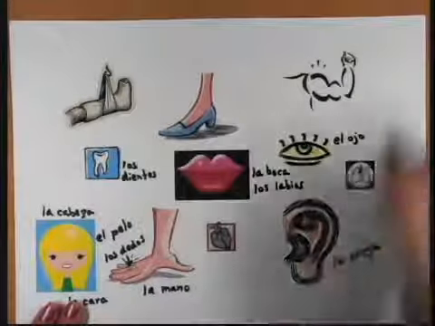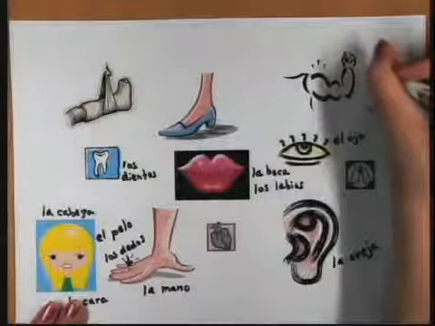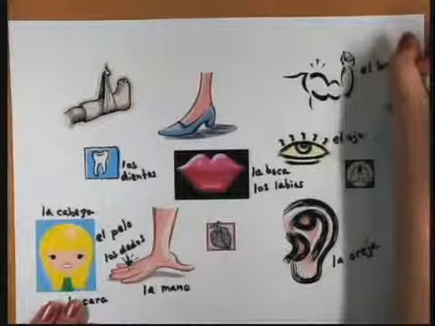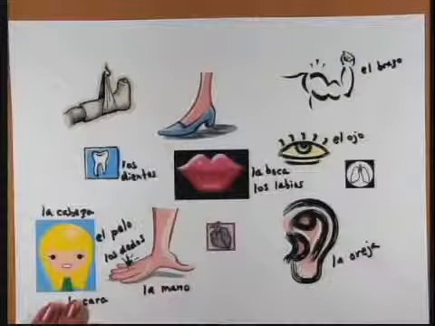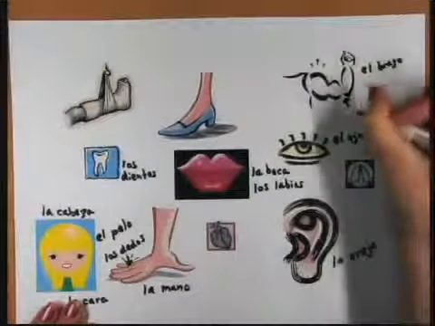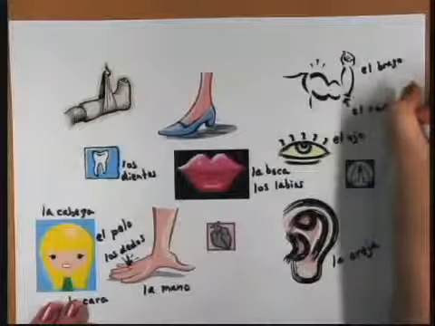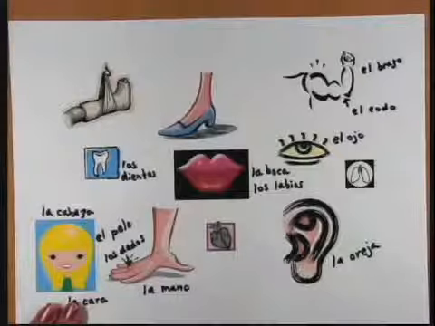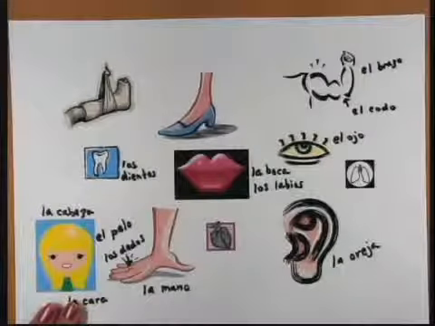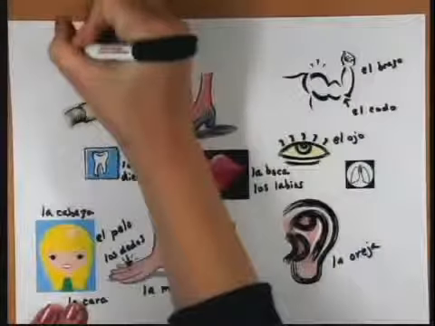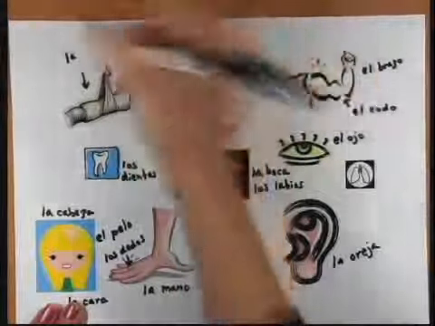Bien. Ahora, aquí hay un brazo. El brazo. Y esto justo aquí es el codo. Remember we learned elbow, el codo. El brazo, el codo. Y aquí hay la pierna. La pierna.